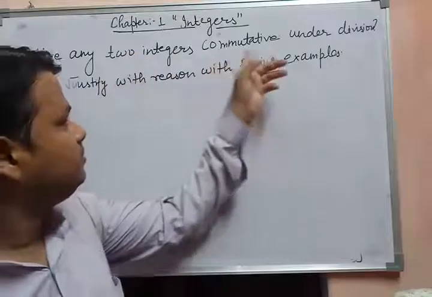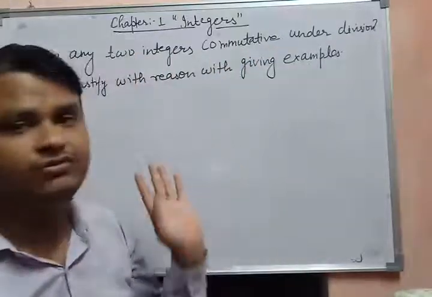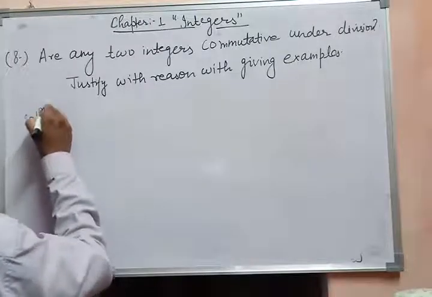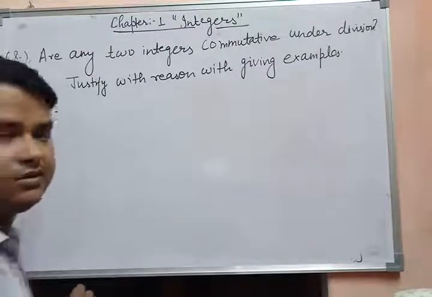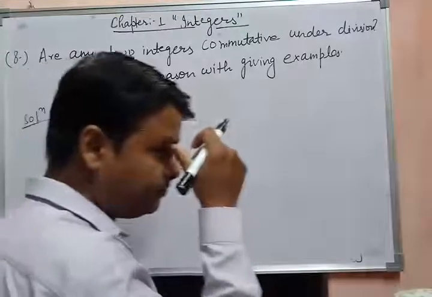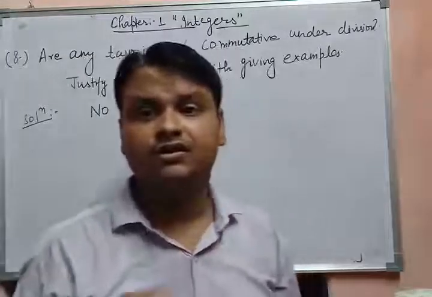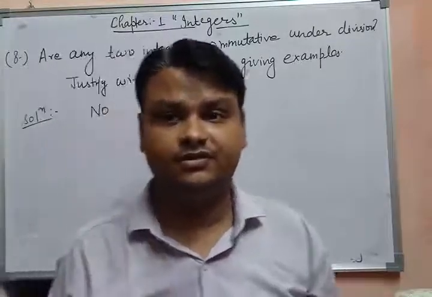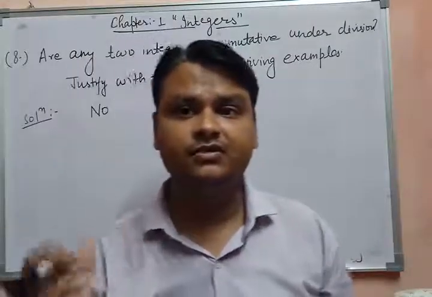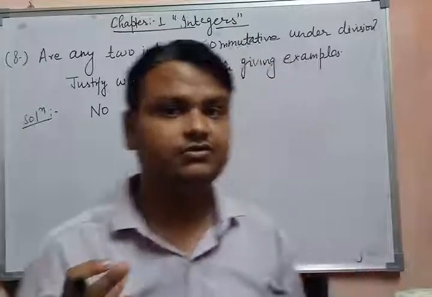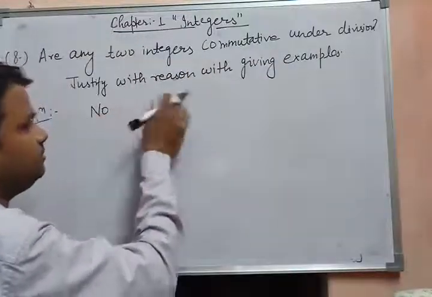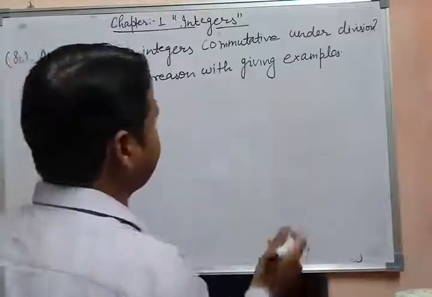So first of all you have to write the solution of this question. Are any two integers commutative under division? Its answer is no. The answer is no because the commutative property does not hold under division and subtraction. The commutative property only holds in multiplication and addition. Okay, so its answer is no, and you have to justify the answer with reason and given examples.